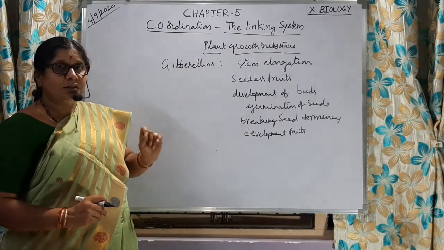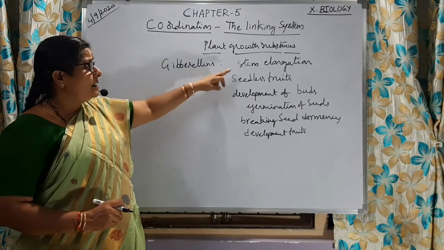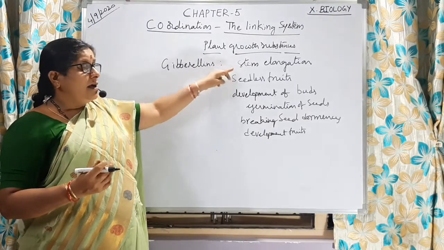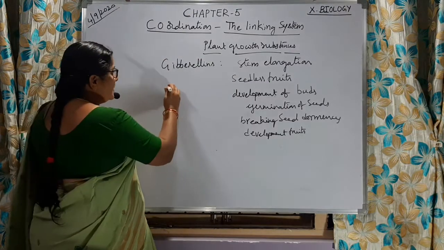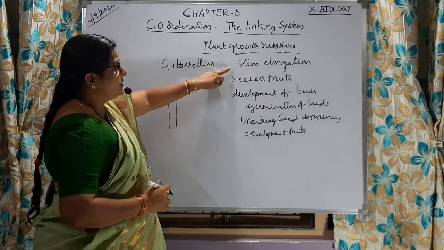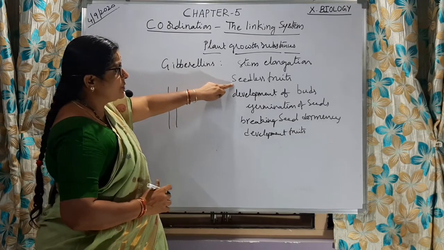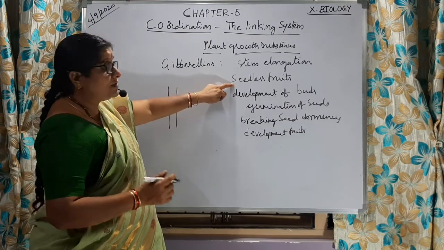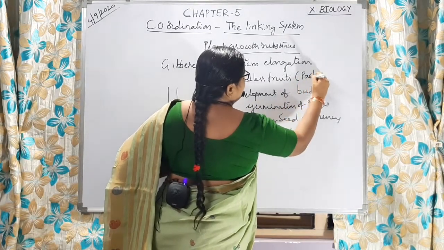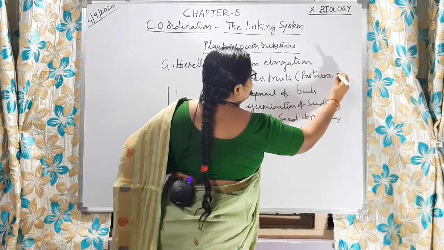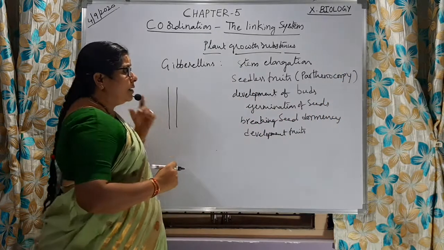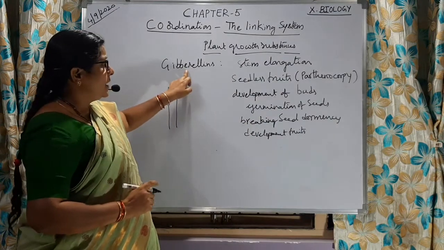So now what are the functions carried out by gibberellins? Stem elongation is happening. Unless the stem portion increases, the growth will not be observed. Then production of seedless fruits, we call it parthenocarpy. Very important. So parthenocarpy is because of gibberellins.